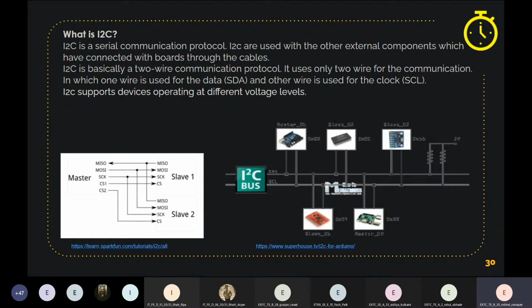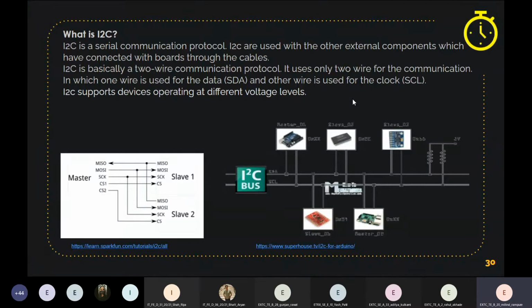A serial clock pin, the SCL pin, which the Arduino master board pulses at a regular interval, and the serial data pin SDA, over which the data is sent between the microcontroller and the sensor. As you can see, there are multiple sensors connected over the two lines to the microcontroller.